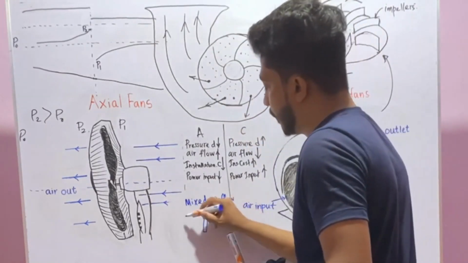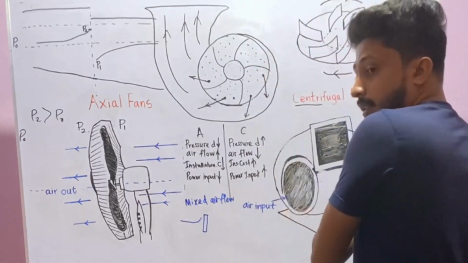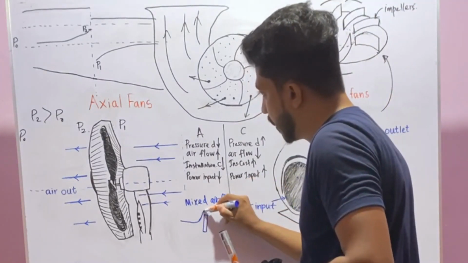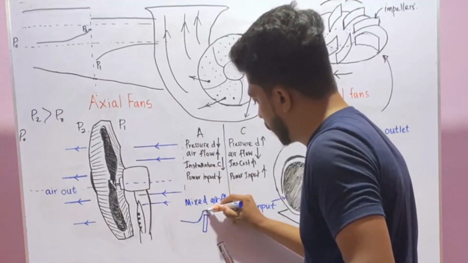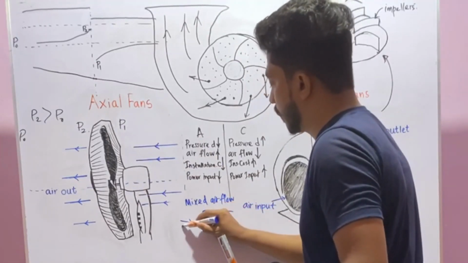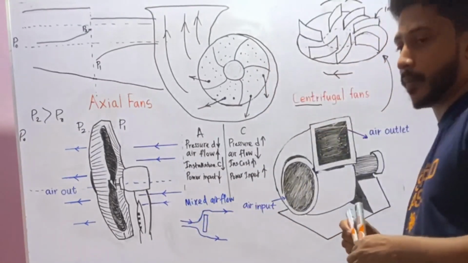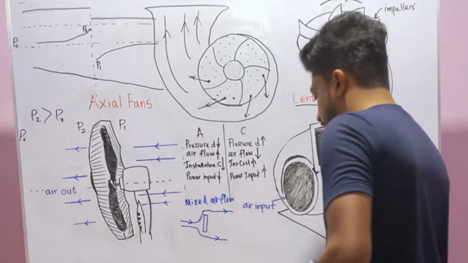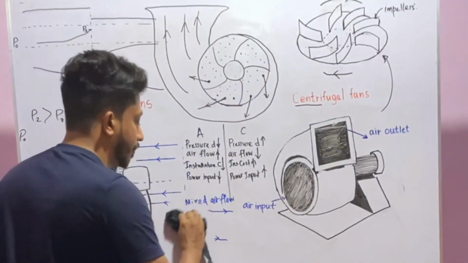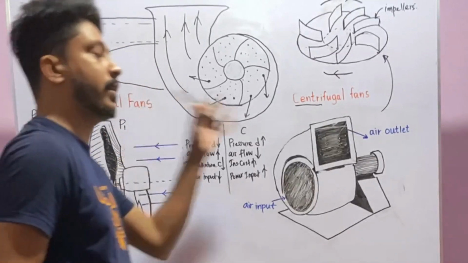So if this is the fan and this is the airflow, likewise in a centrifugal fan it moves like this, and in an axial fan it moves parallel to the axis. So something like this happens in a mixed airflow fan, but I do not explain it deeply here because I just want to focus on the basic types of fans, that is axial fan and centrifugal fan.